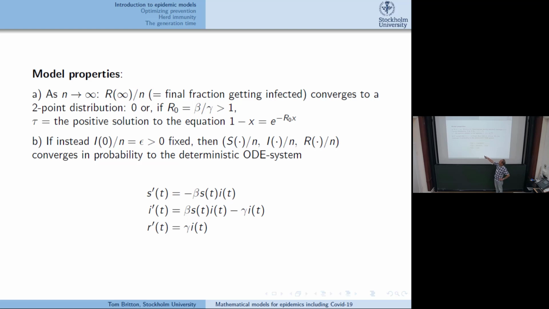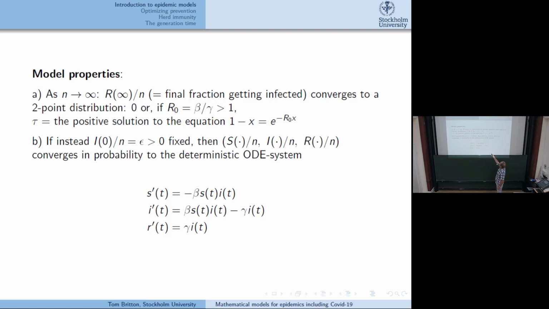This random variable has all of its mass at 0, corresponding to a minor outbreak, or at another deterministic point tau. And actually I thought I would explain why, and this tau solves a certain equation. It is a solution to this equation.